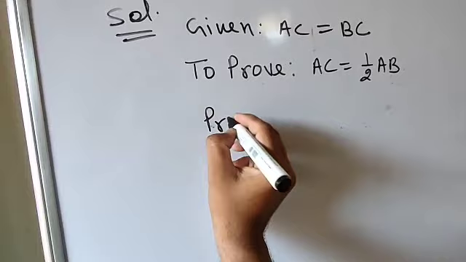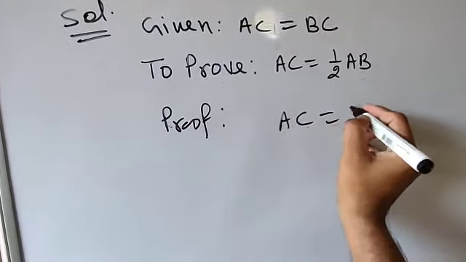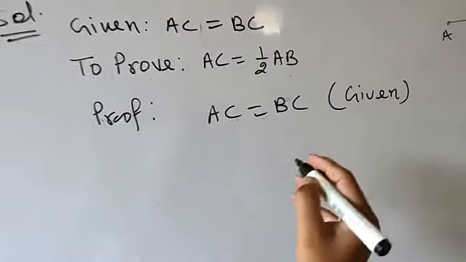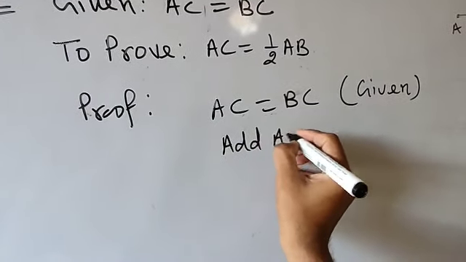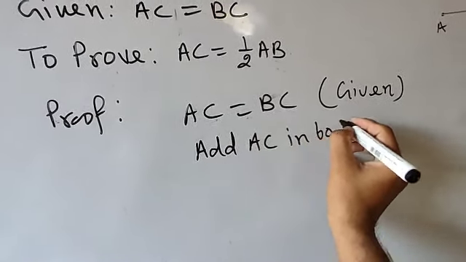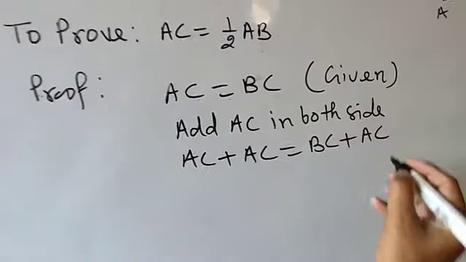Now I am going to give the proof, students. AC equal to BC, it is given. Now add AC in both sides. So here you will get AC plus AC equal to BC plus AC.